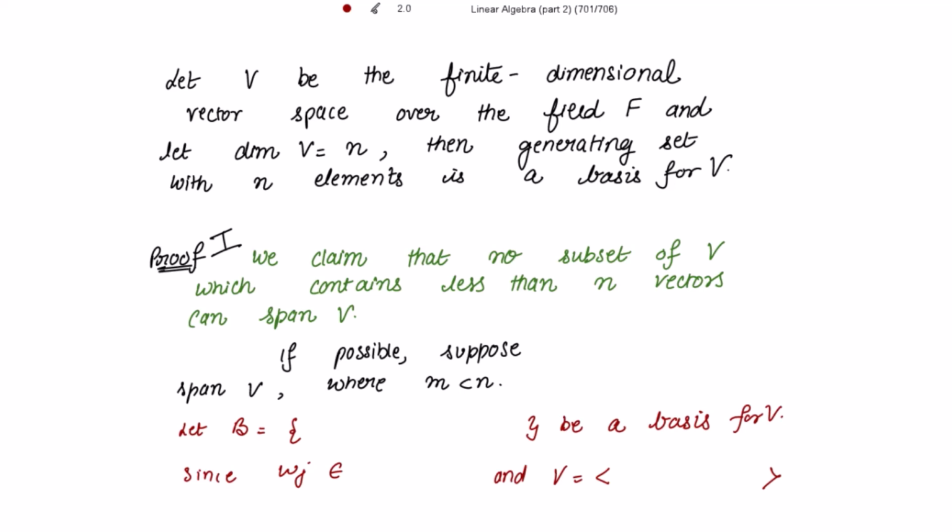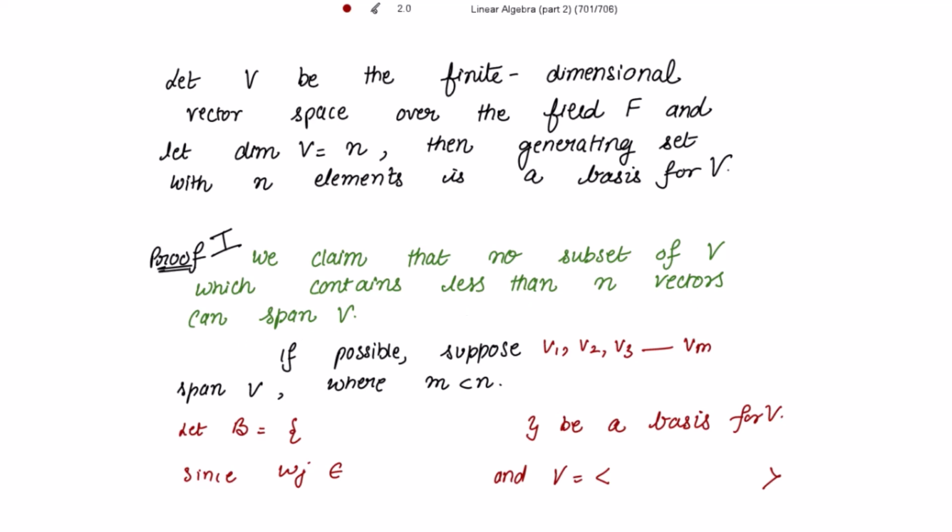So we will claim that no subset of V which contains fewer than n vectors can span V. Suppose V1, V2, V3 up to Vn span V. I have to prove that fewer than n vectors cannot span V.